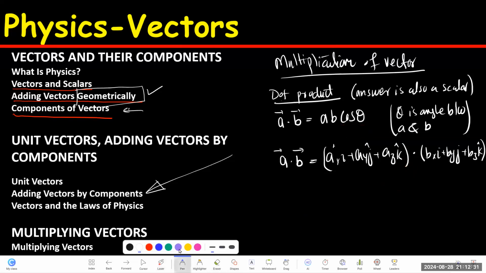If I write it out, it looks like this: AX BX plus AY BY plus AZ BZ. And this is my answer.